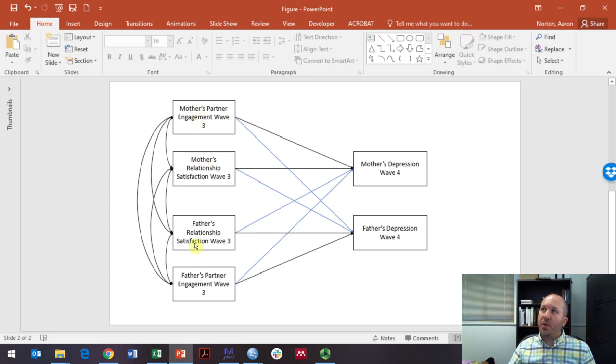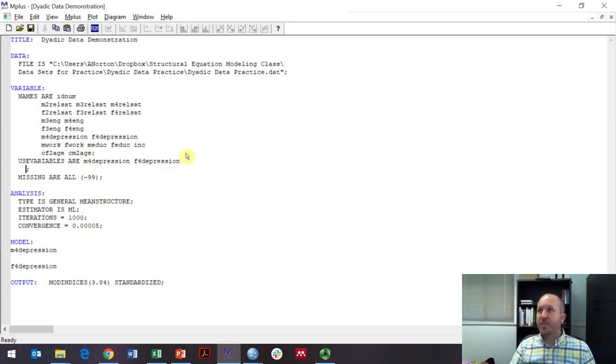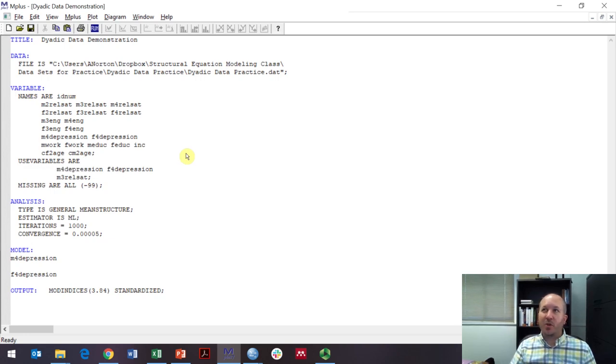And then I just want to add in the four variables here that I am using. They're all wave 3 variables. So we have partner engagement and relationship satisfaction at wave 3. So I can grab my relationship satisfaction here for wave 3, copy that, add it to my use variables list. I'm going to do this on a new line to make sure I am keeping things organized visually for myself. This just really helps me. You don't have to do this, but good organization can help you a lot.